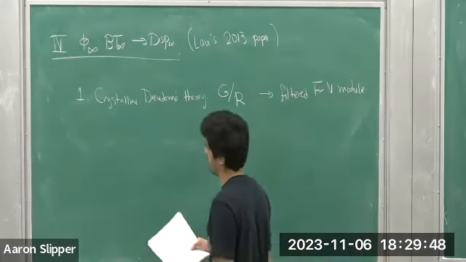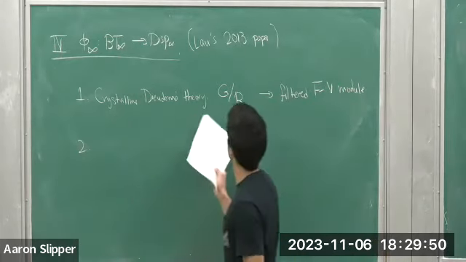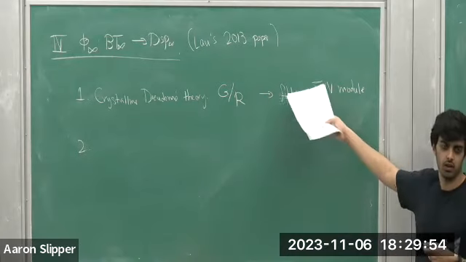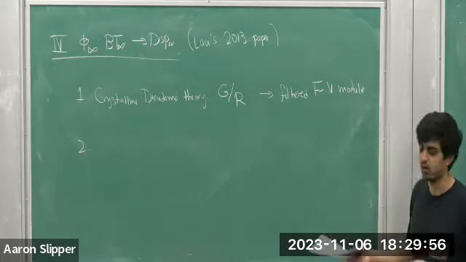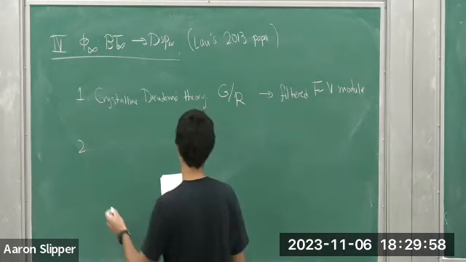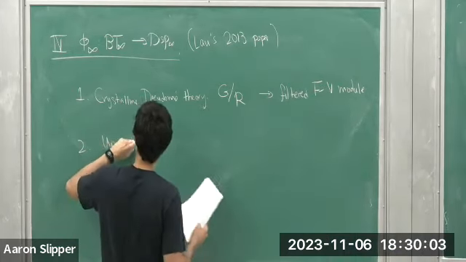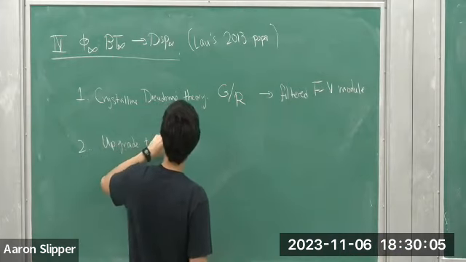And the second step, which I won't really discuss, is to show that always in this situation that this filtered FP module is canonically recovered from a display. Upgrade to display over R.